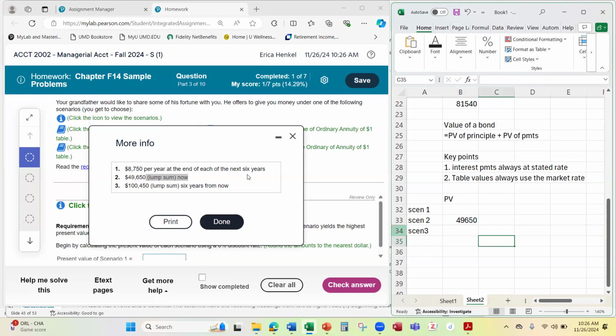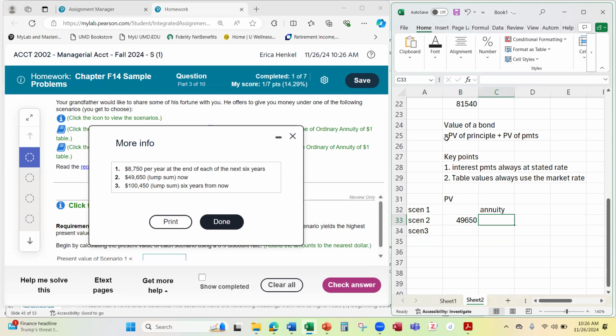But for this one, what type of situation is this number one here? $87.50 per year at the end of each year for the next 6 years. What do we call that? Yeah, it's an annuity. I'm seeing some people mouthing it, so I'll just say it out loud here. So this is an annuity. So we want to calculate the present value of an annuity of $87.50 per year for 6 years.